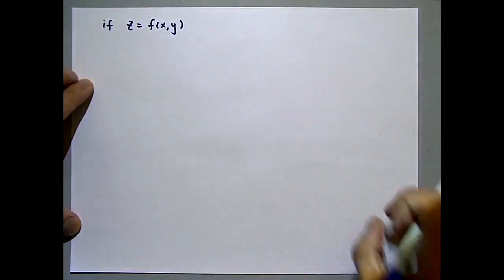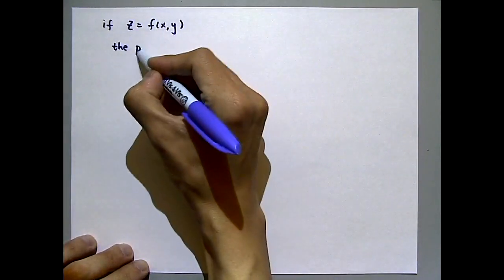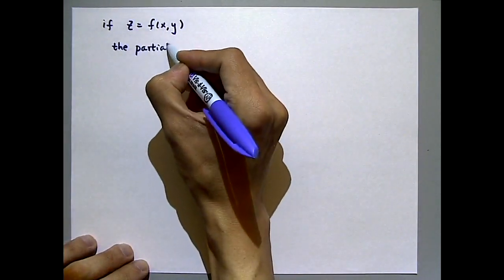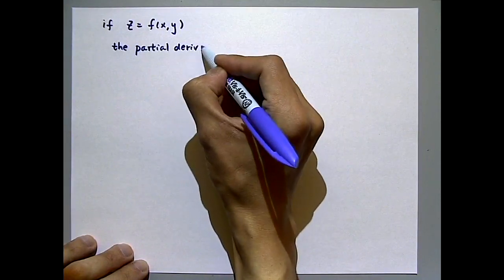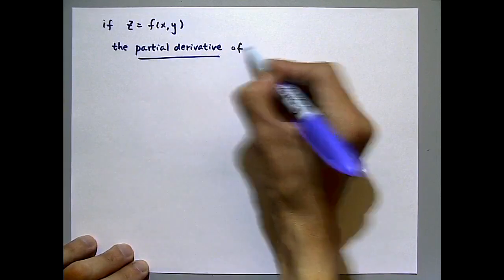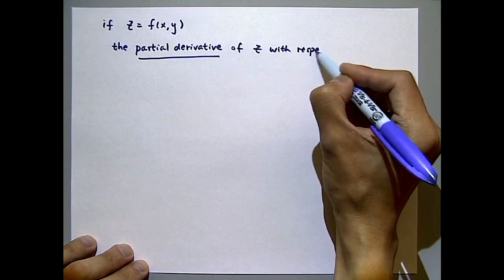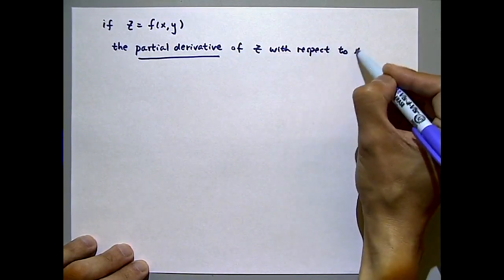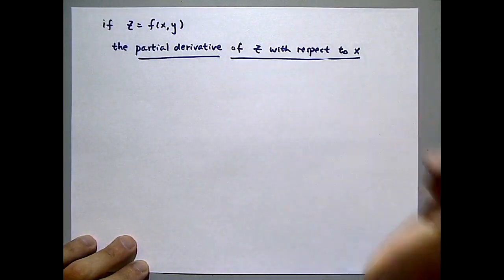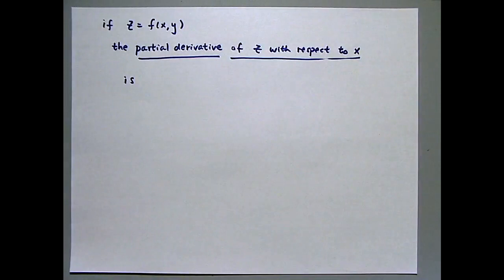If z is f of x and y, the partial derivative of z with respect to x is where we hold y constant, allowing x to change.